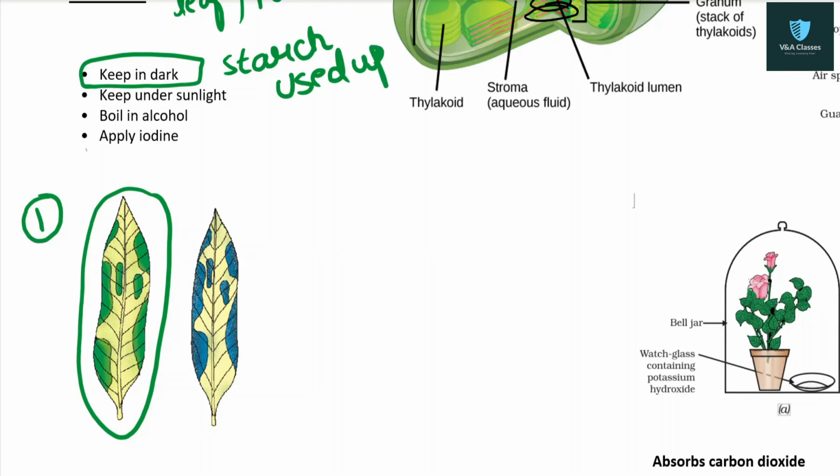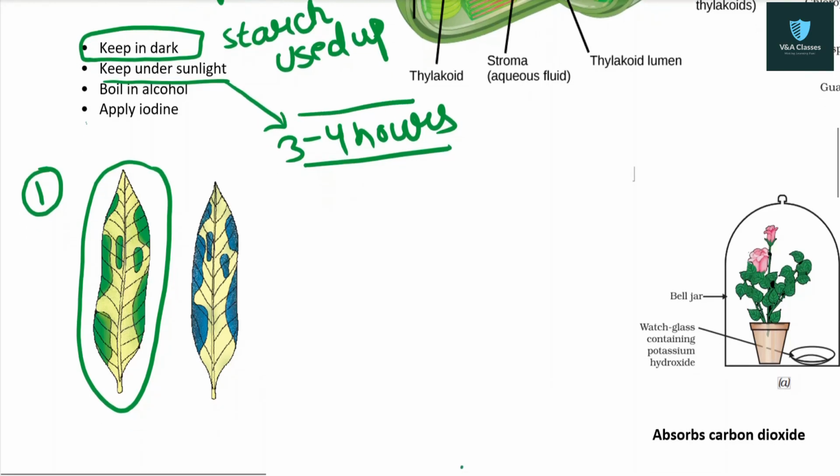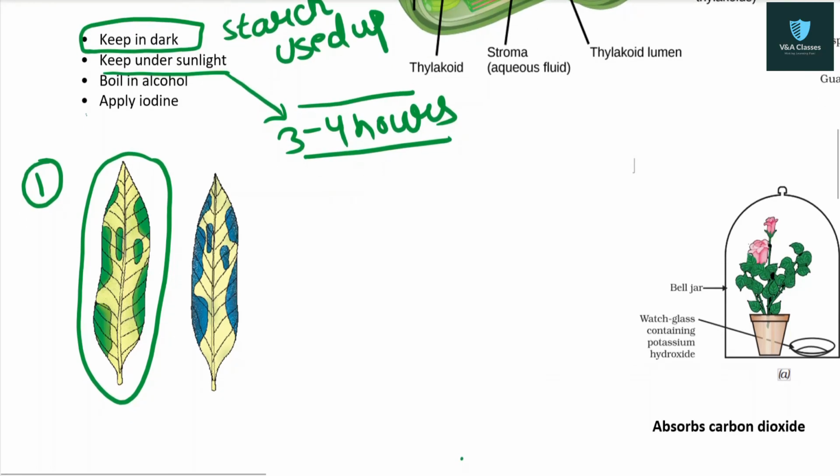After that we take that leaf and keep it under sunlight for 3 to 4 hours so that photosynthesis occurs in this leaf. Then we take this leaf and boil it in alcohol.